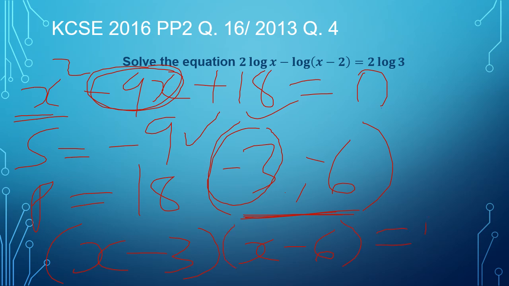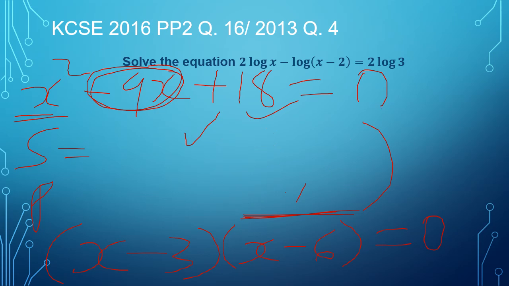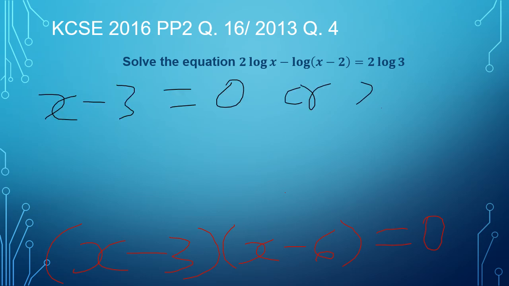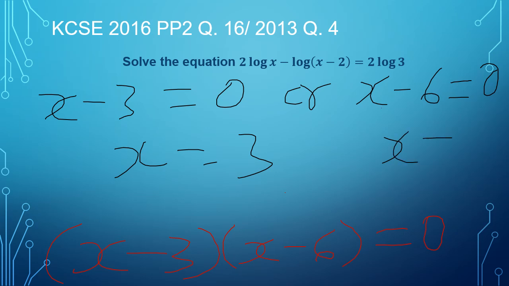This is equal to 0. If we are multiplying two numbers and getting 0, it means either of those numbers is 0. So either x minus 3 is 0 or x minus 6 is 0. Then x is 3 and x here is 6. So the solutions are x equals 3 and x equals 6.